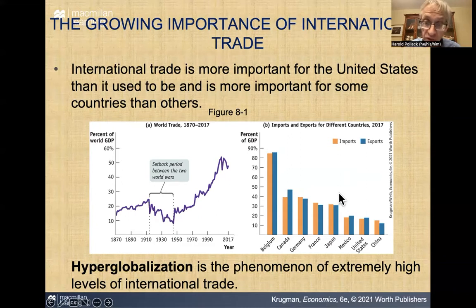And if you look at different countries and the percentage of GDP, that's gross domestic product, that's basically the economy, we see that Belgium, Canada, Germany have quite a large fraction of GDP involved in import and export. US somewhat smaller. Interestingly enough, China is smaller. But obviously it's quite important.